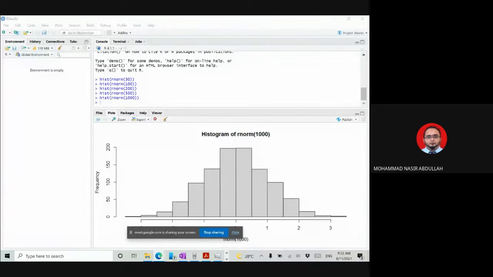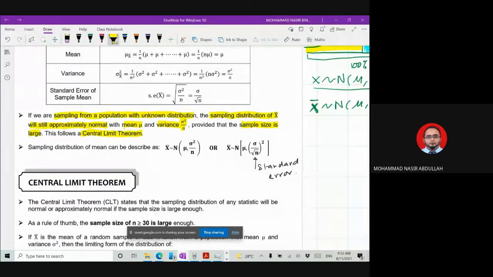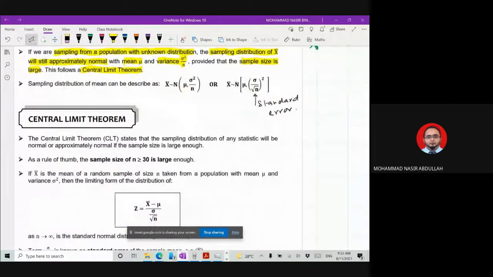Right? The idea of the central limit theorem, it says here, the central limit theorem states that the sampling distribution of any statistic will be normal or approximately normal if the sample size is large enough.